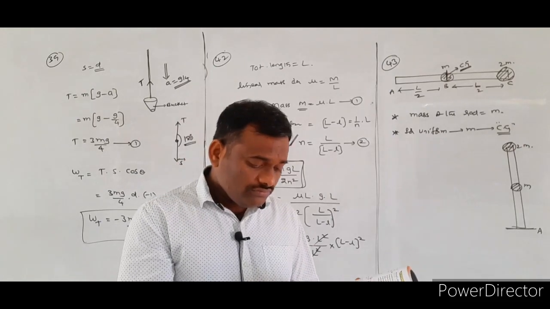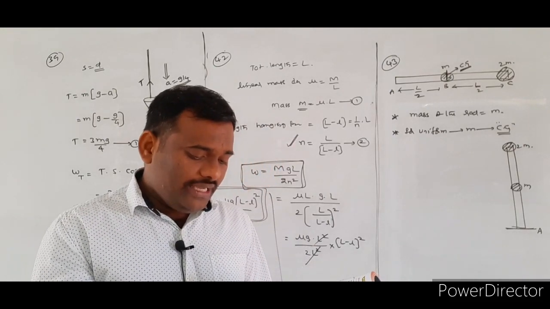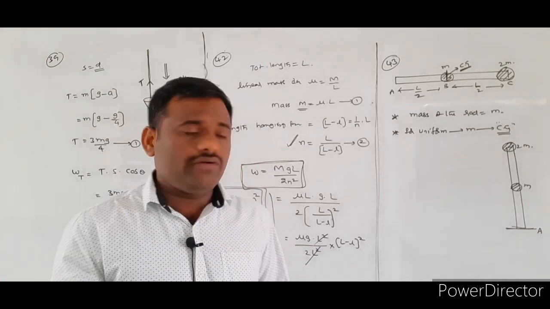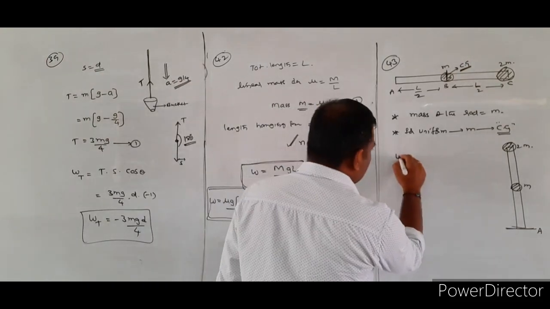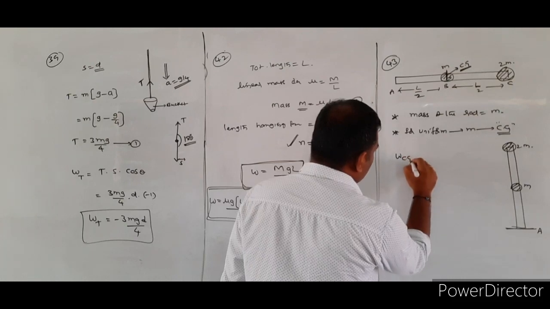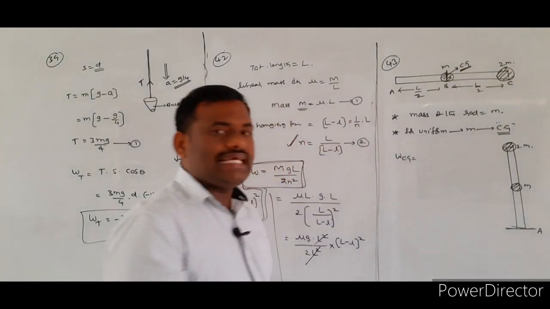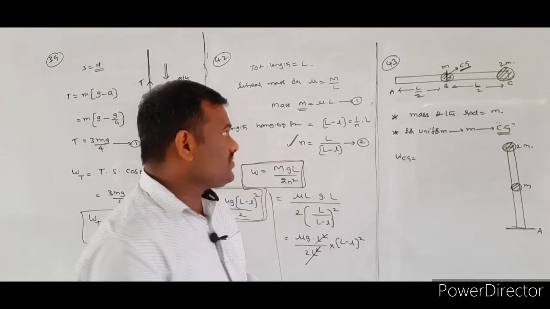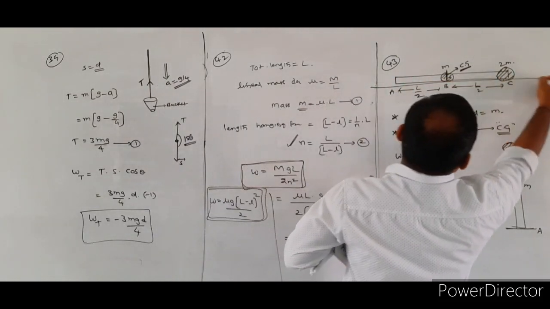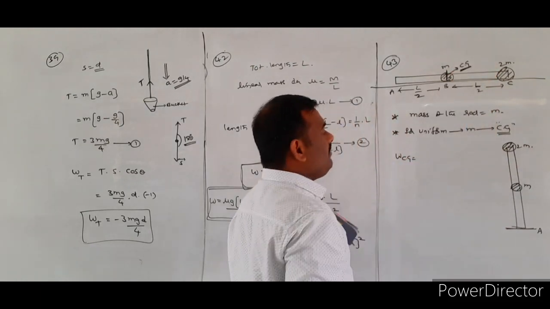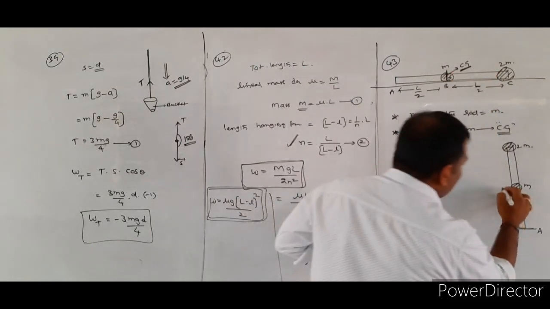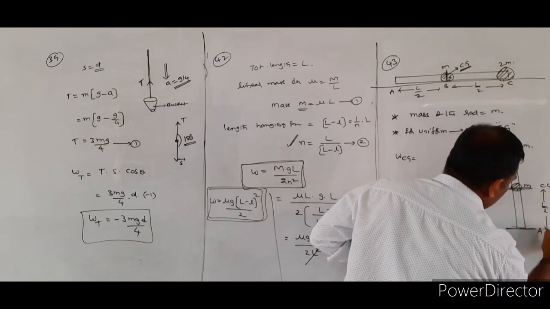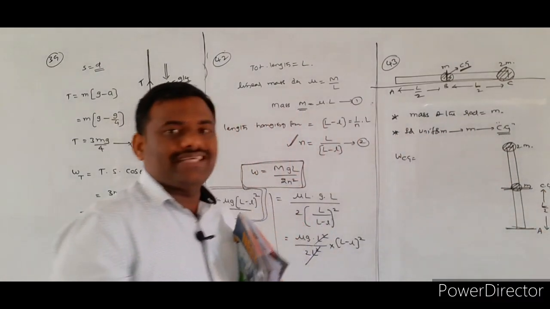Now the work done to make it vertical. See here, first we will write the work done for the center of gravity. Whenever the rod is on the surface of the ground, the center of gravity is on the ground, and whenever the rod is made vertical, the center of gravity rises by a distance of L by 2.